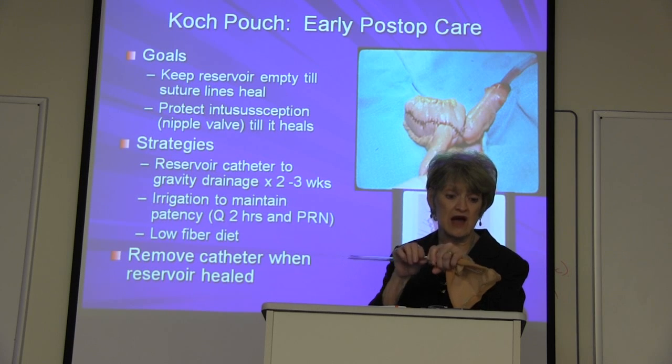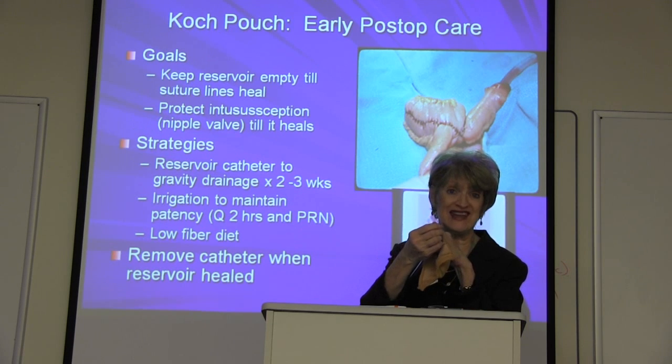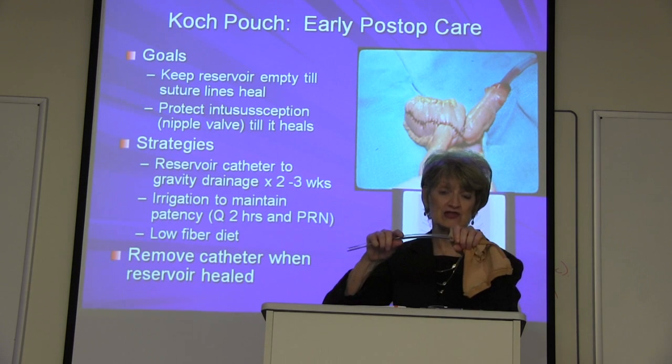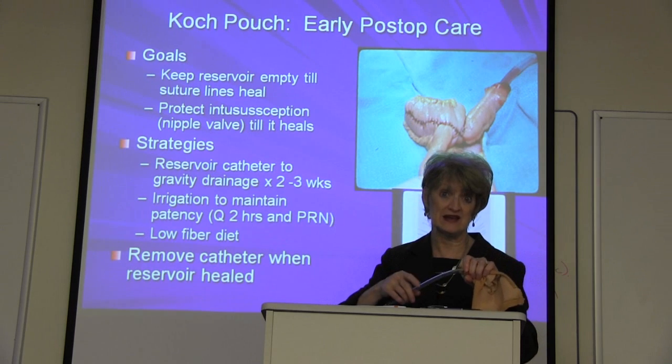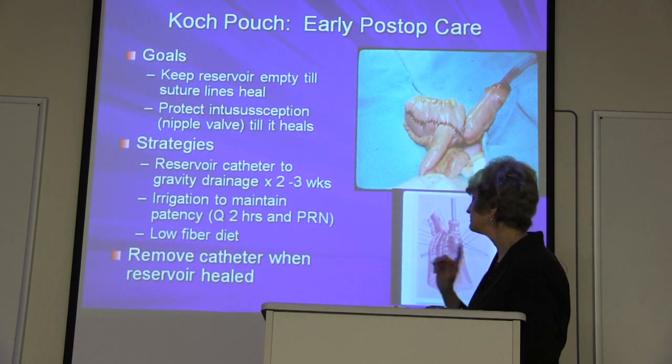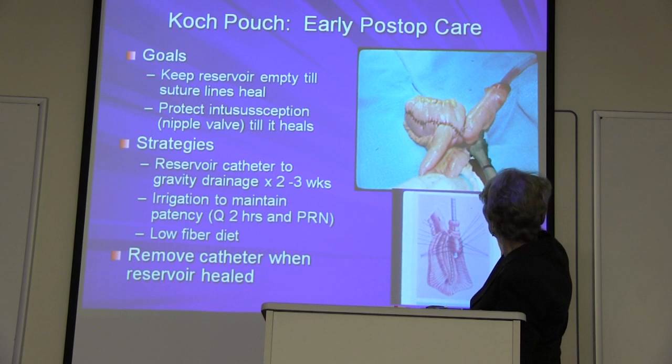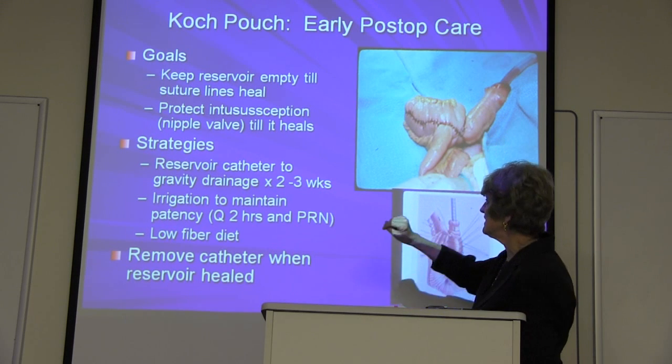And these little eye holes in the suction catheter could easily become occluded. If they become occluded and the catheter stops draining, then the reservoir distends and you have to worry about an anastomotic breakdown.